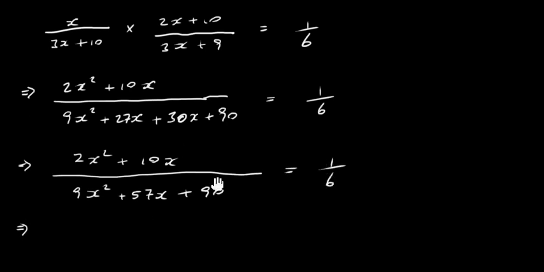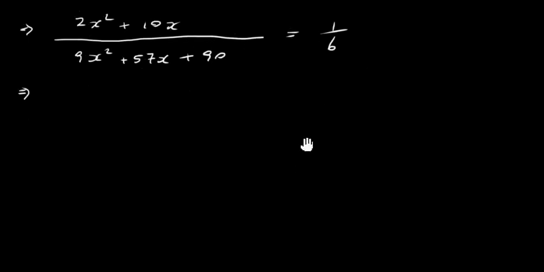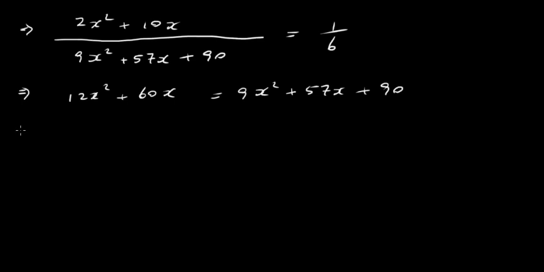Okay, so again here we just have a fraction equal to a fraction, so we can multiply the top by the bottom, bottom by the top. So 6 times 2x squared, that's 12x squared. 10x times 6, that's 60x. That's equal to 9x squared plus 57x plus 90.